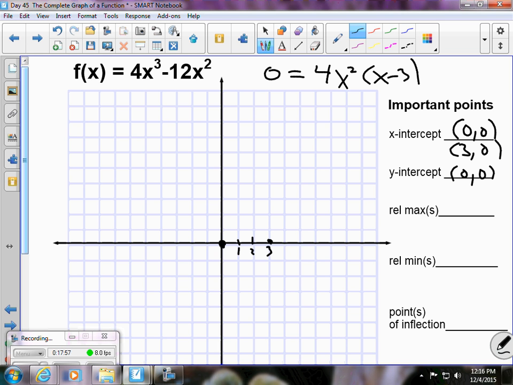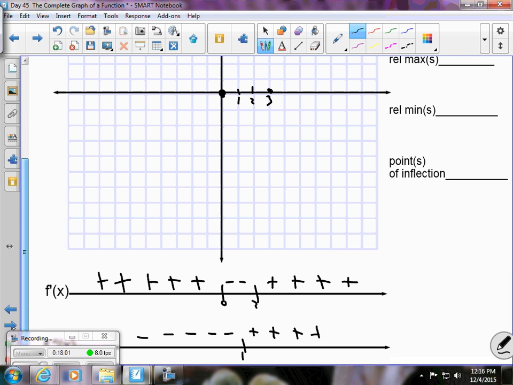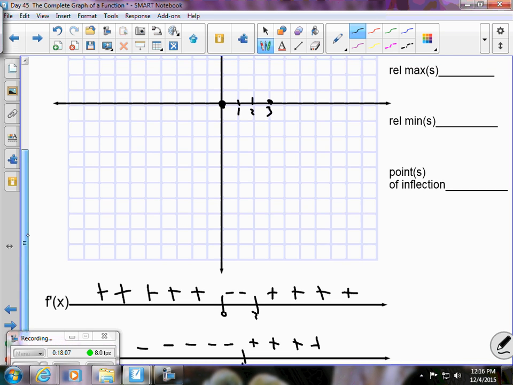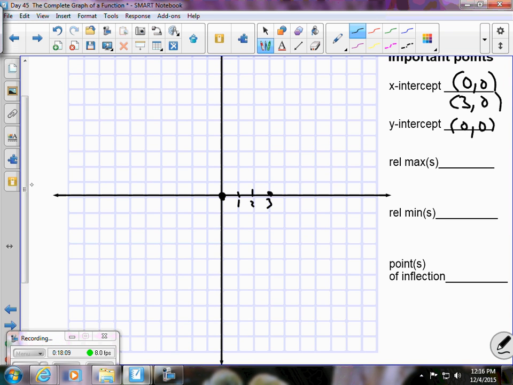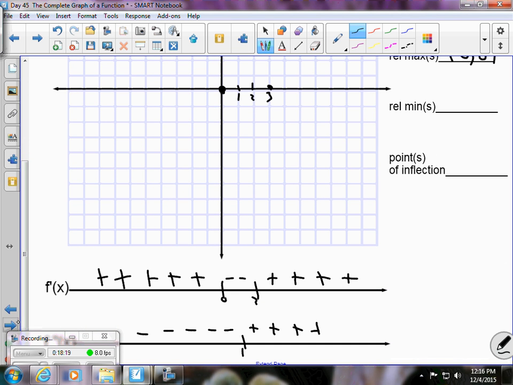Okay. Relative max. That's where the first derivative changes sign from positive to negative. So that's at 0. We already know what we're going to get when we plug 0 into the function: 0. So (0, 0), you also have a max there. Relative min, that's where our first derivative changed sign from negative to positive.